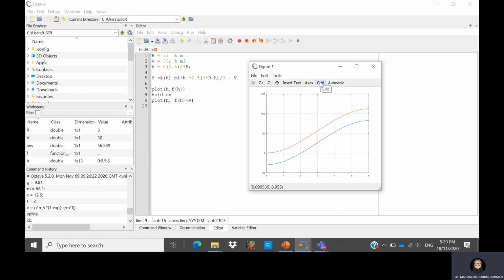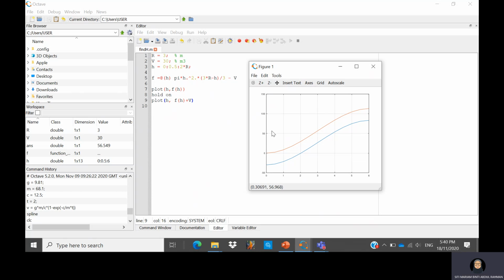If you're using MATLAB, you can use the function grid on. Here it's already embedded in the figure. If you look at the grid, you will see that the value of 0 is around 2, and from the original function, 30 is also around 2. So that's how you solve the problem using the graphical method.